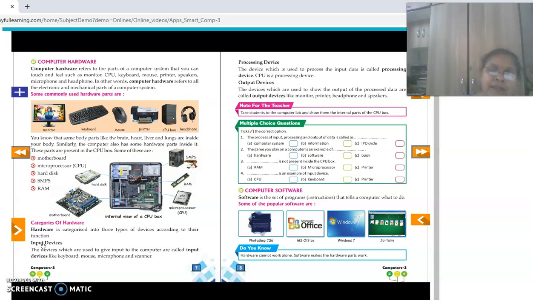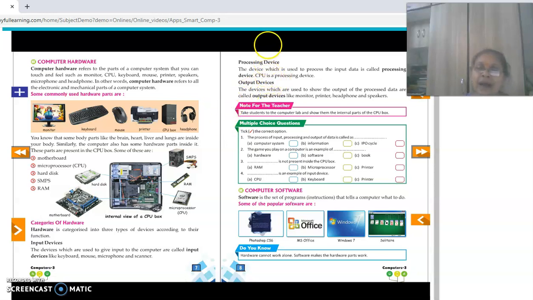Just now you did 2 plus 5. Through what did you do it? Keyboard. Very good, very good. So, the devices which are used to give input to the computer are called input devices, like keyboard, mouse, microphone, scanner, etc.